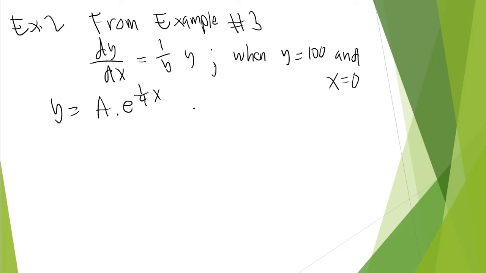First, we isolate or separate the x and y variables. Number 2, we integrate both sides. And number 3, we solve for y.